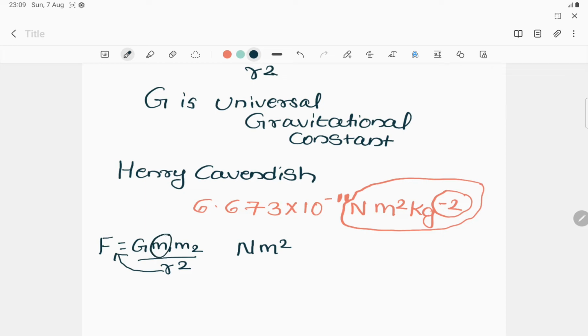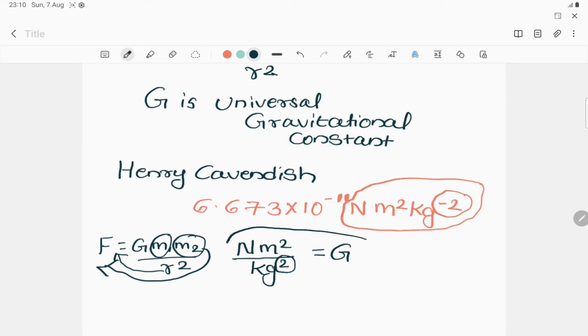Now this m1 m2, the units will be kg, so it will go in the denominator. It will be kg square, and when this comes on top, we represent it as minus 2. The index, when it comes in the numerator, becomes minus 2, will be equal to G.